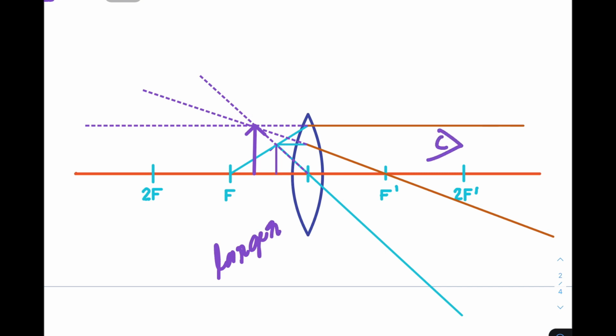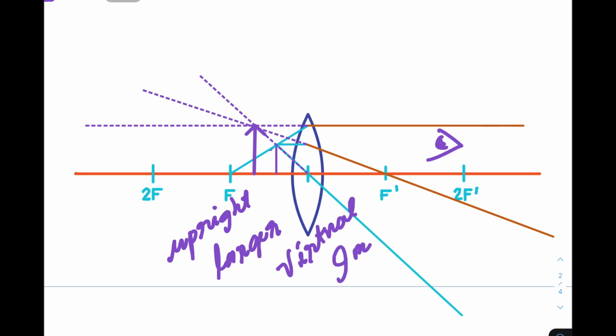Next, the image is still upright, so it did not change its orientation. And finally, since it is made by the intersection of virtual rays, we call it a virtual image.